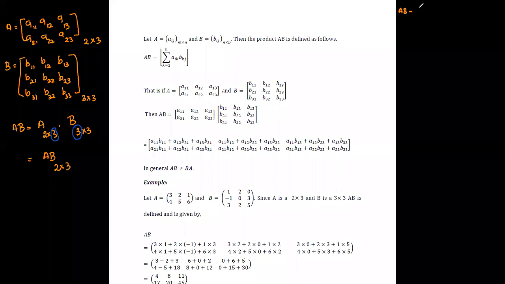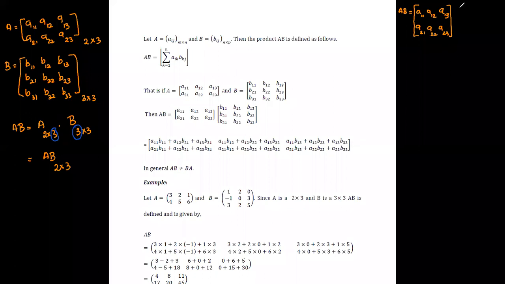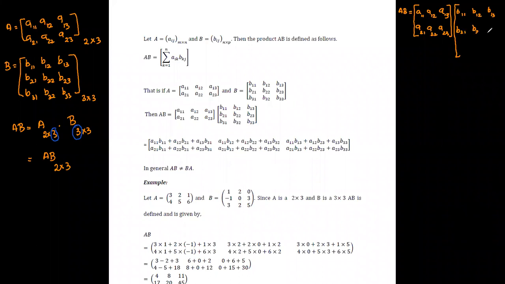This can be written as the elements of matrix A, A11, A12, A13, then A21, A22, A23, and then the next matrix is matrix B, having the elements B11, B12, up to B33.